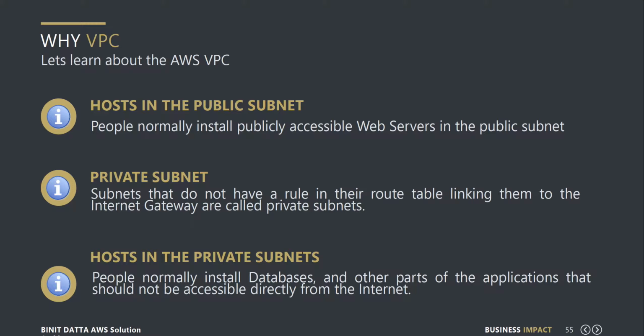Private subnets do not have a rule in their route table linking them to the internet gateway. In the private subnet, people normally install databases and other parts of the application that you do not want public traffic to come into, not accessible directly from the internet, right?